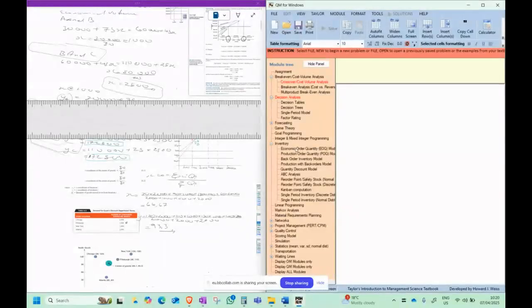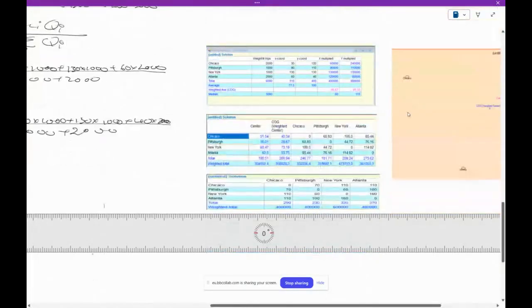Just that I can't see it now, but I did solve it using the same method also, as you can see here. Center of gravity, I just don't know the name of it. But you do find all the problems there.